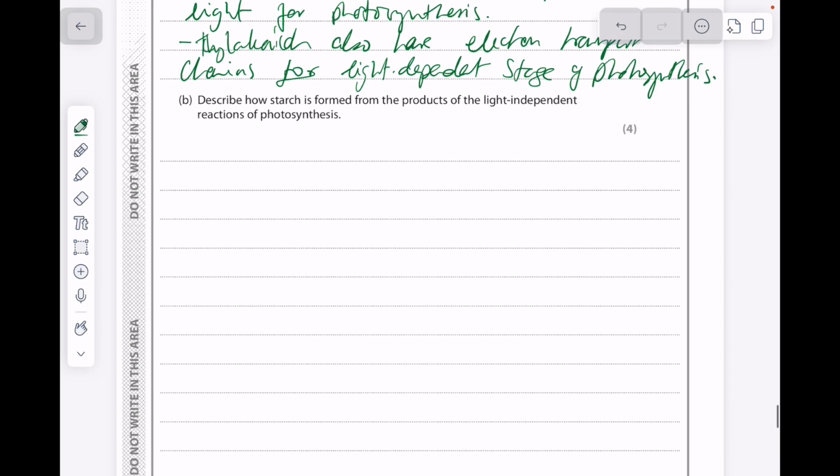Right. Describe how starch is formed from the products of the light-independent reactions of photosynthesis. So, light-independent reactions of photosynthesis produce GP, or is it TP? Produce GP.